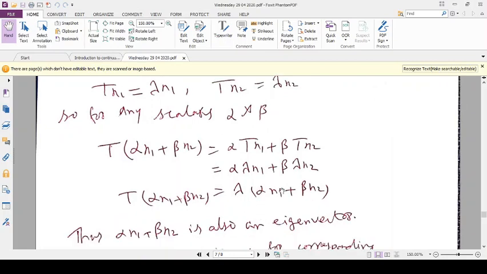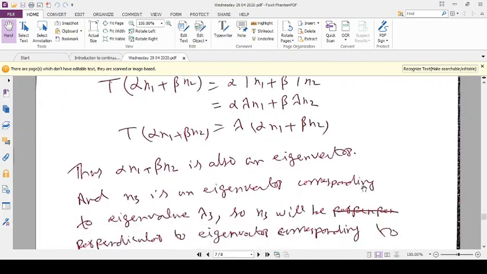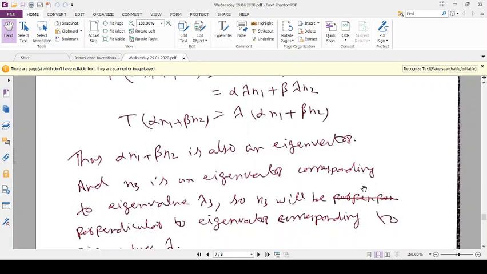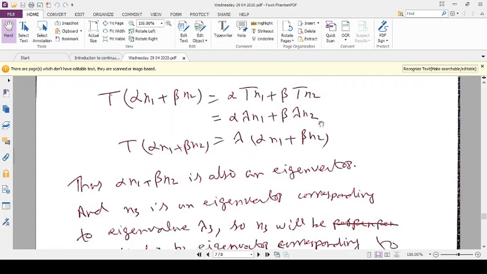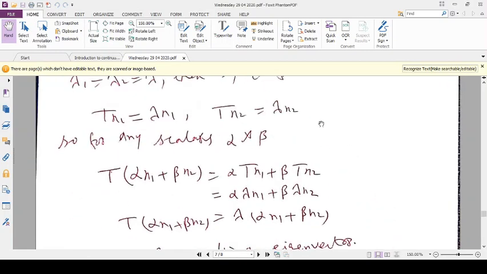So this would be this. From here we can see that this is an eigenvector with eigenvalue lambda. And we are saying that n3 is an eigenvector for eigenvalue lambda 3, and this would be perpendicular to this eigenvector whose corresponding eigenvalue is lambda.